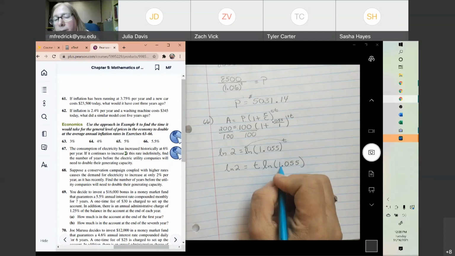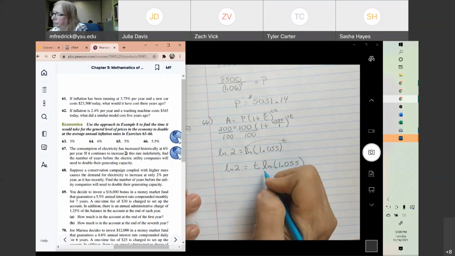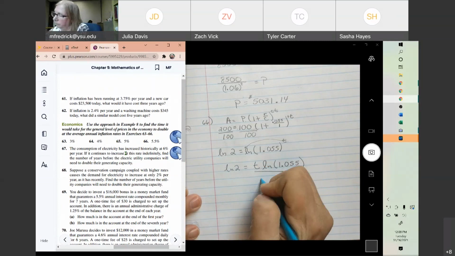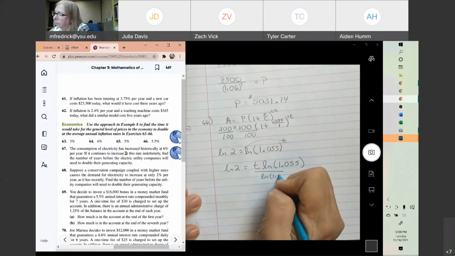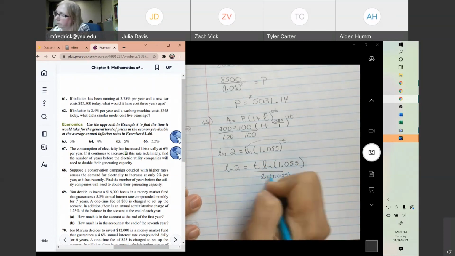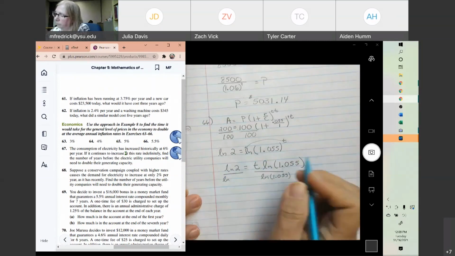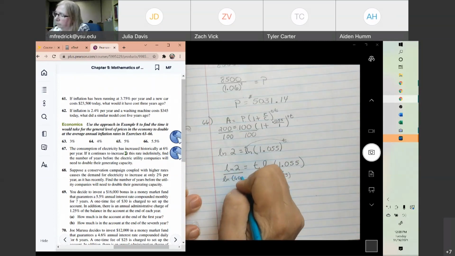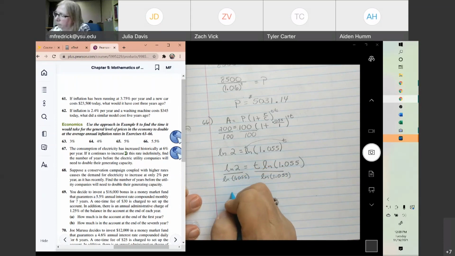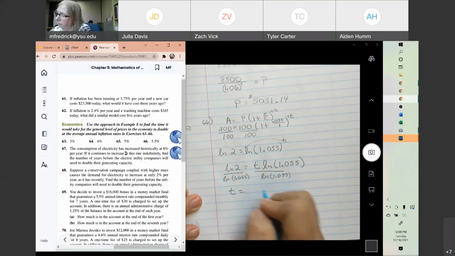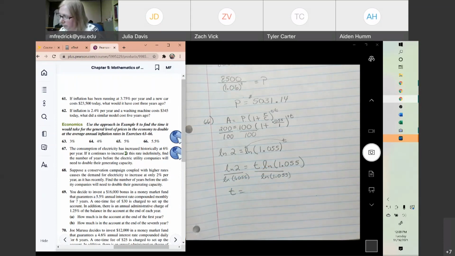Solving for t, we divide by this. So you take the natural log of 2 and divide by the natural log of 1.055.